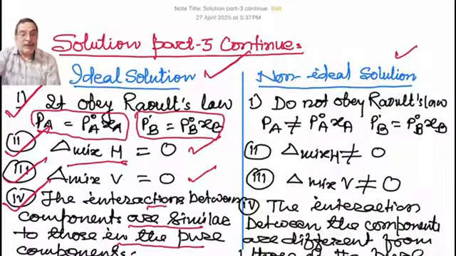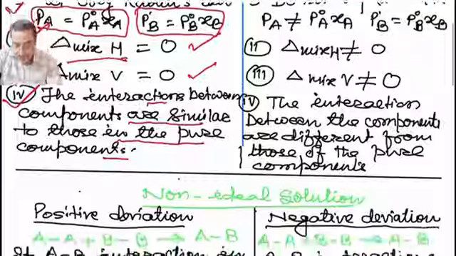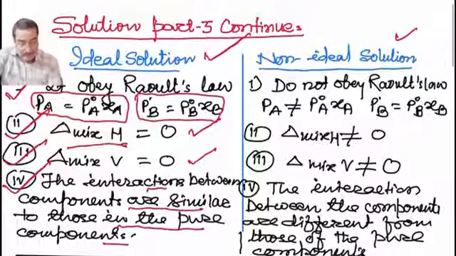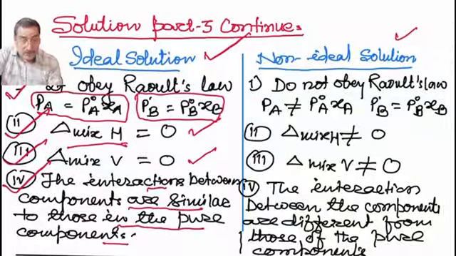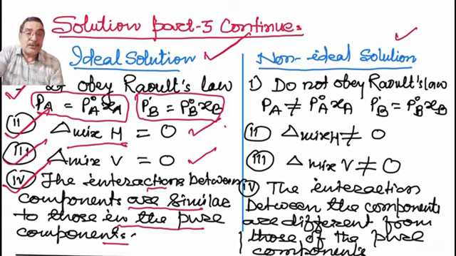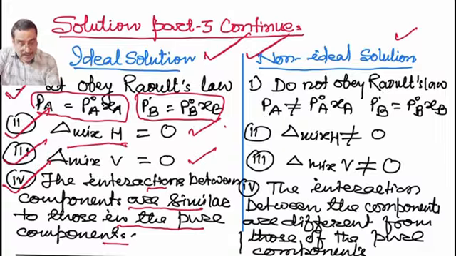Generally it is observed that in normal conditions no solution is ideal, but according to Raoult's law, if they follow these conditions, they are said to be ideal. The second part is the non-ideal, which very simply does not obey Raoult's law.